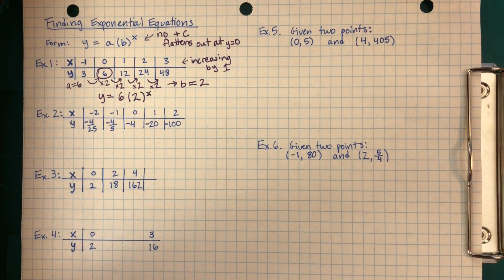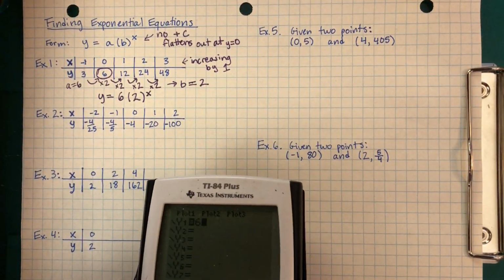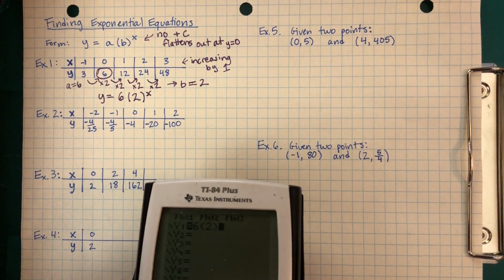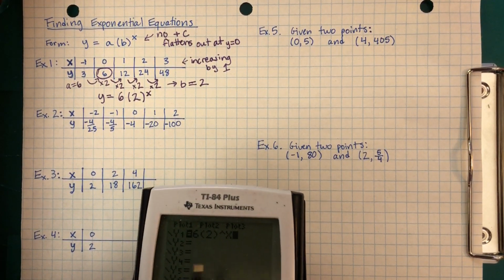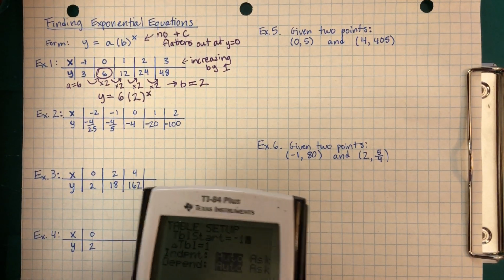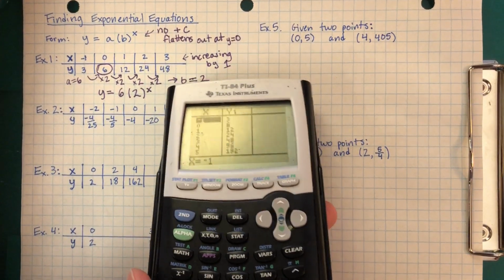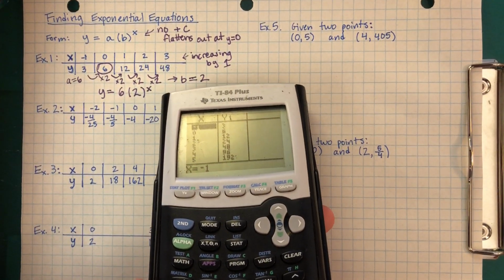And if I wanted to, I could check this on a graphing calculator by putting the equation I just found into the y equals: 6 times 2 to the x. And then I want my table to start at -1. There we go. We can see that these numbers do match the numbers that I was given.